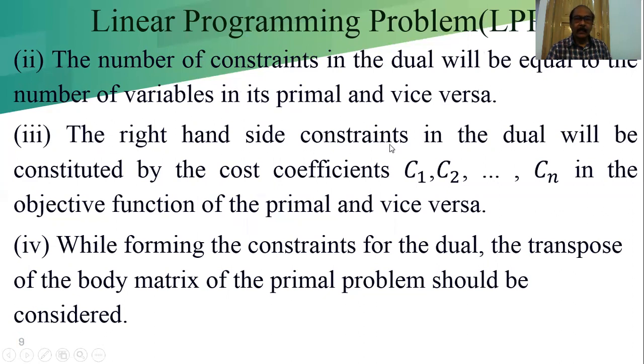The right hand side constants in the dual will be constituted by the cost coefficients C1, C2, Cn in the objective function of the primal, and vice versa. The coefficients in the objective function of the primal go to the right hand side of the dual, and the right hand side in the primal goes to the coefficients of the objective function in the dual.